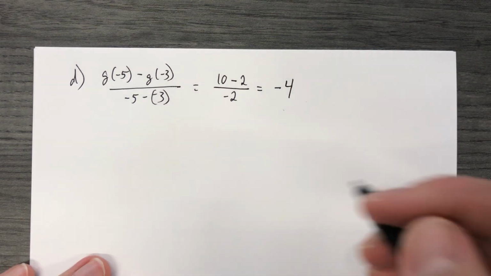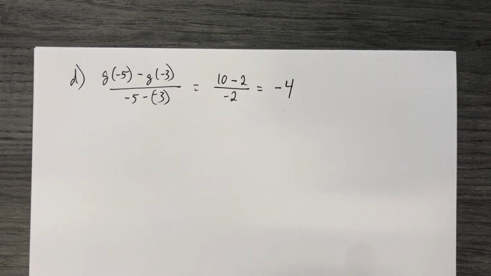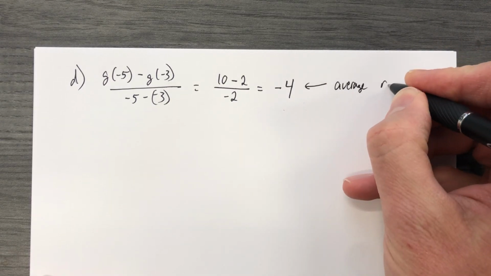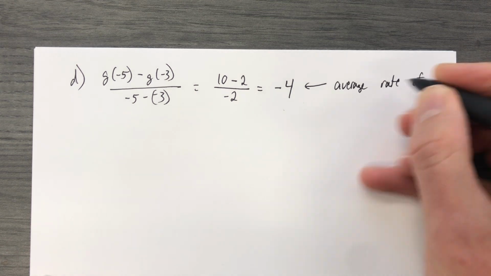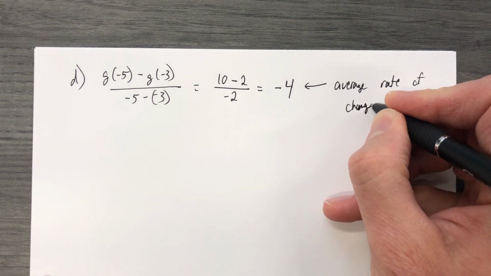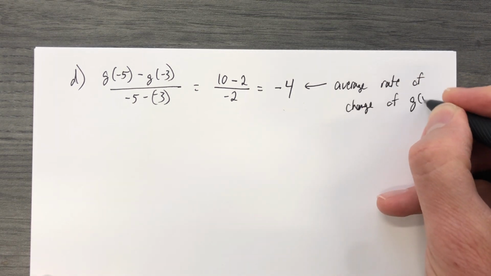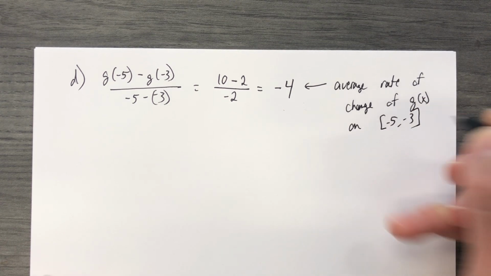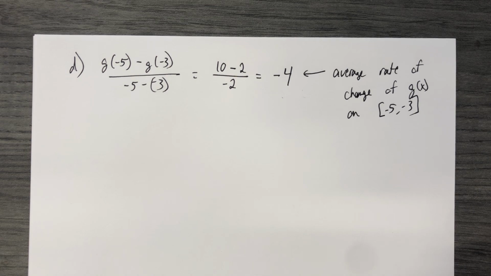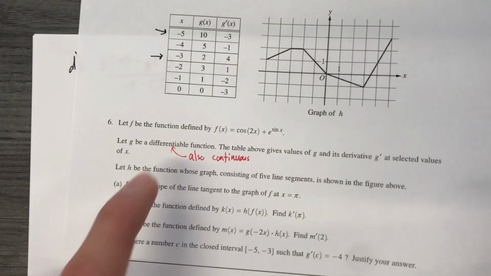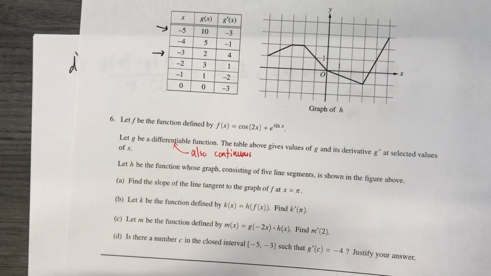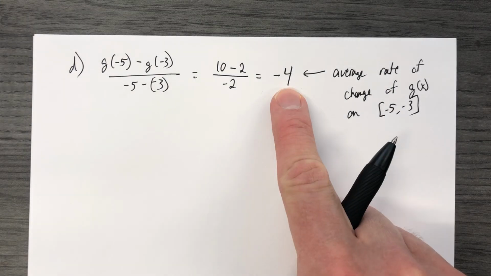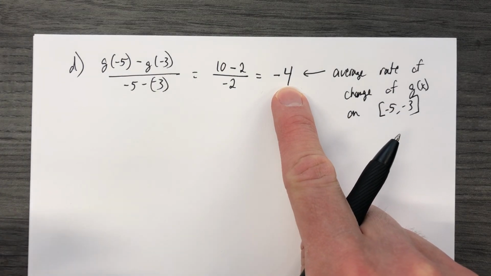We just found, and I'm going to write stuff that you don't have to write on the exam, the average rate of change of g on the interval from -5 to -3. That's good to know. And we also know that g is continuous, right? Let's start framing our answer. This is the slope they're looking for. I think we're good to go.